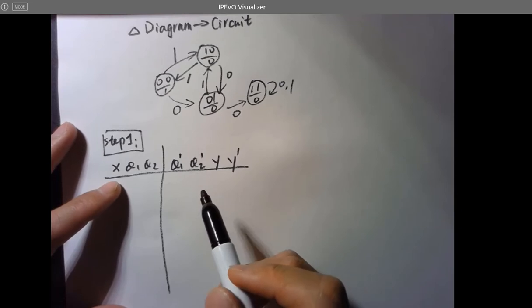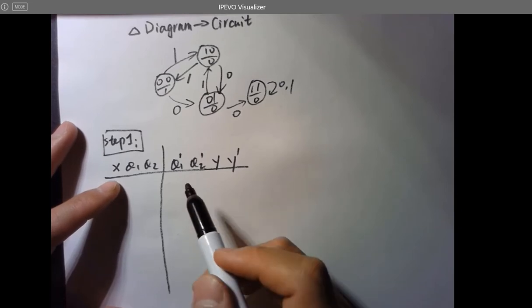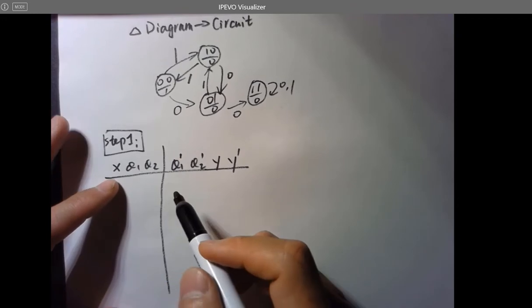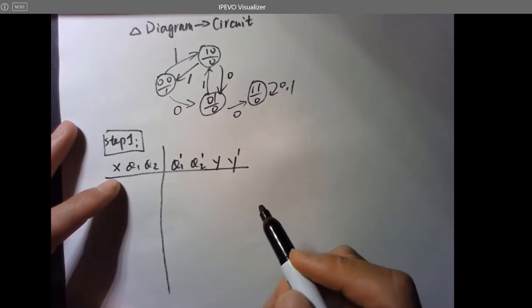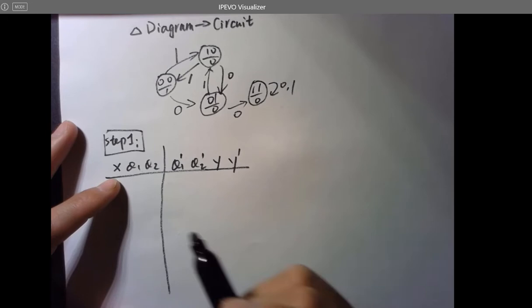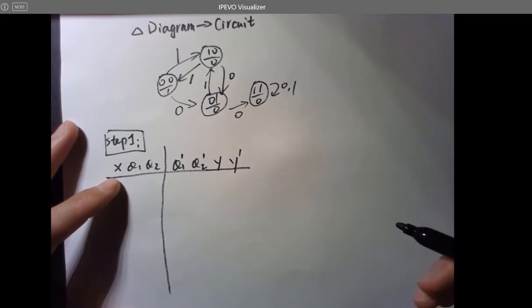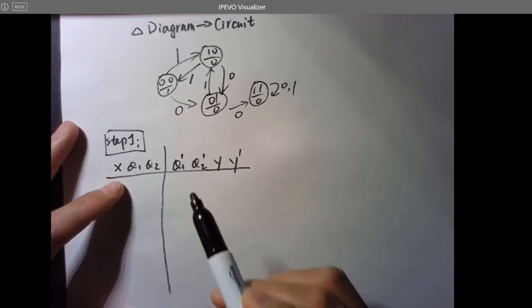There's no function applied to the D flip-flop because the D flip-flop directly transfers whatever is at D, the input, to the Q. So that's why D equals Q. We don't have to list all the functions and K-maps or truth tables to convert it, and that's why we do not have intermediate variables over here, because we know they are equal.